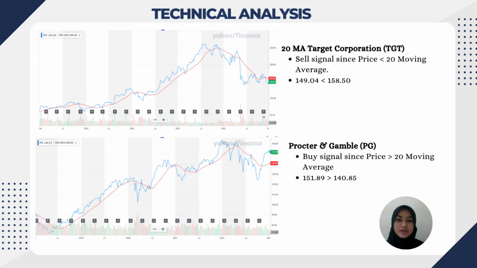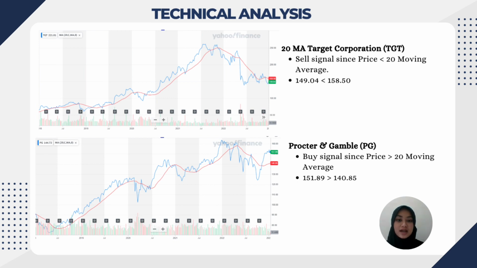For Target Corporation, it shows the sell signal because the price is below the 20 days moving average, which is, the price is 149.04, and the 20 days moving average is 158.50.